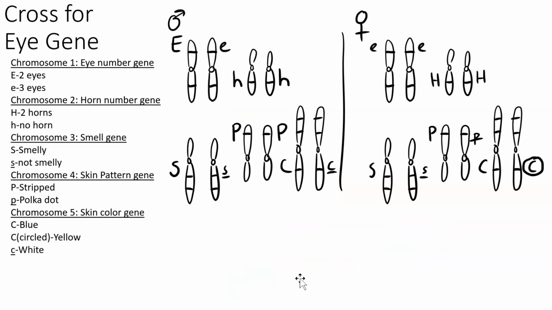So now we're going to do a few crosses. One of the first crosses that I ask you to do is just to look at the I gene. Okay, so that I number gene, again shown right here, is going to ask you about a cross. So we're going to cross this male to this female. And by convention, we've been putting this into Punnett squares.